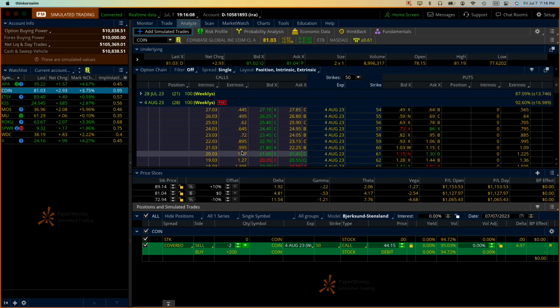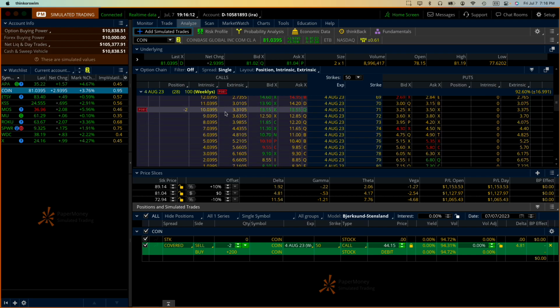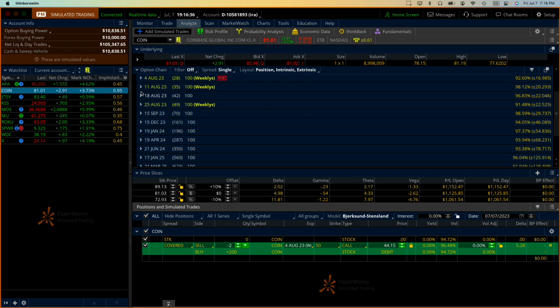This option that I own has lots of extrinsic value and lots of intrinsic value. So we want this $3.37 to go to zero. When it's zero or close to zero, we can roll it up or down. So I'm going to leave it for now. Let's move on to Etsy.